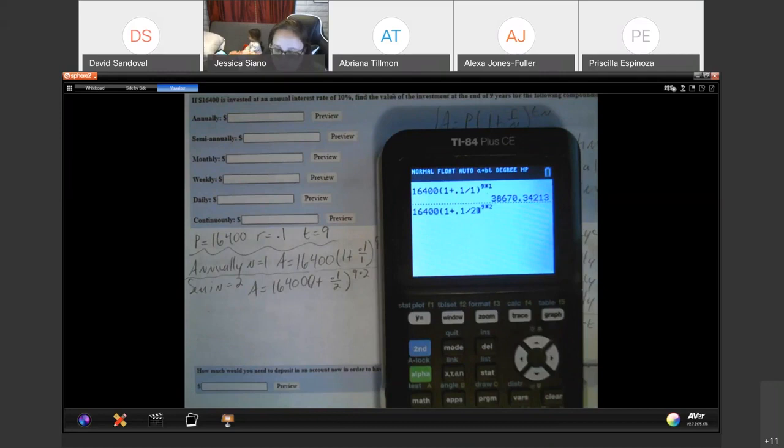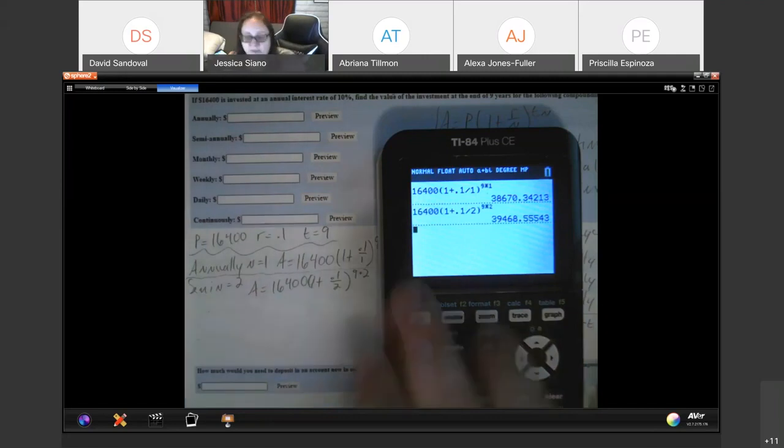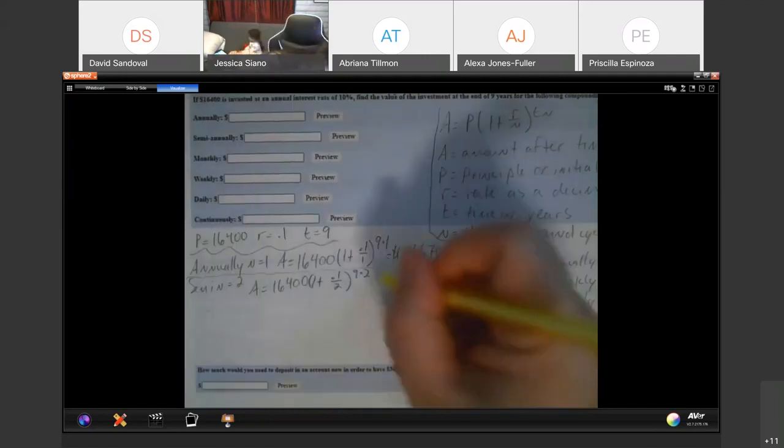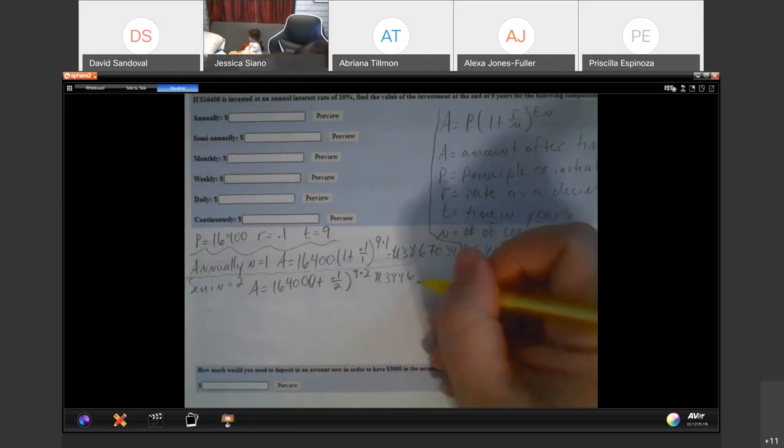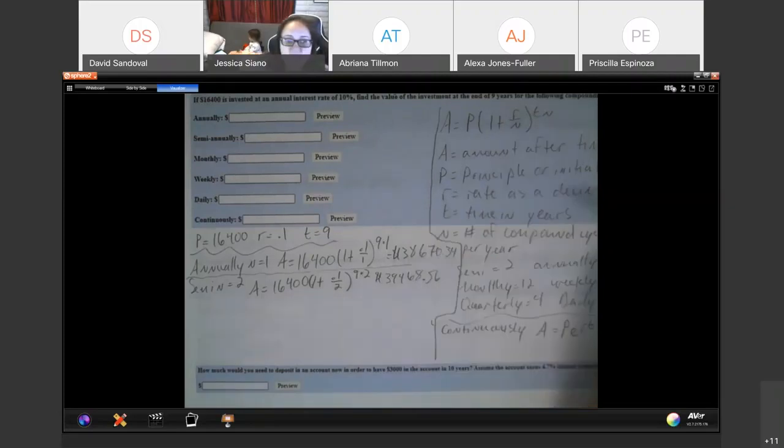If you have a TI-83 and you don't put parentheses around your 9 times 2, it's going to do it to the 9 and then multiply that by 2, and you're going to get the wrong answer. The answer is $39,468.56.